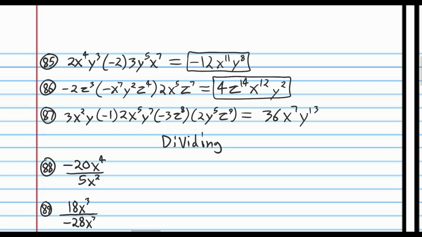Let's see here, z to the 17th, it looks like. So that was a monster problem there, but if you got the right answer, I'm proud of you. If you didn't get the right answer, that's okay. Just go back and figure out what you did wrong. So that's multiplication. Notice we had parentheses. You show multiplication in algebra with parentheses.